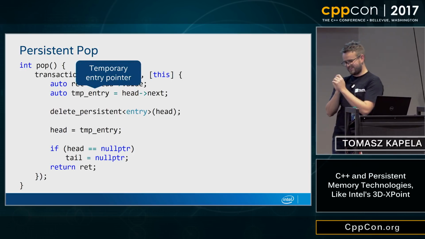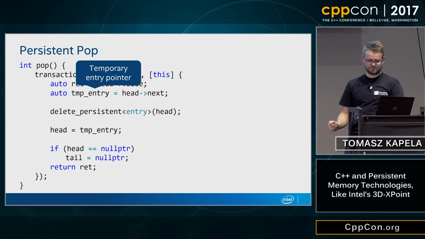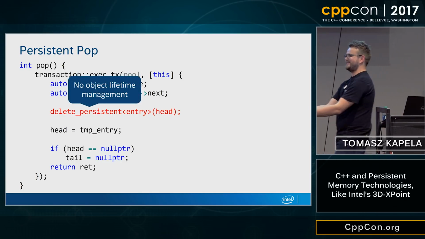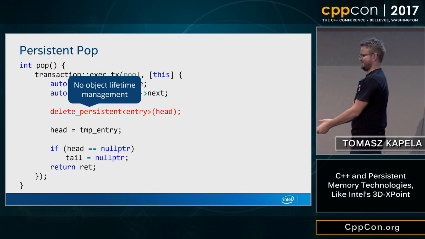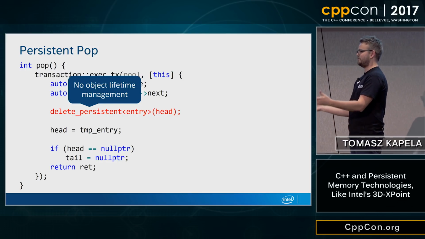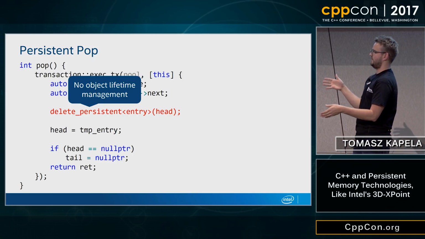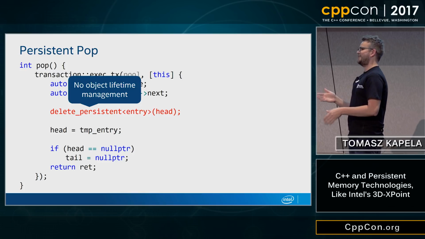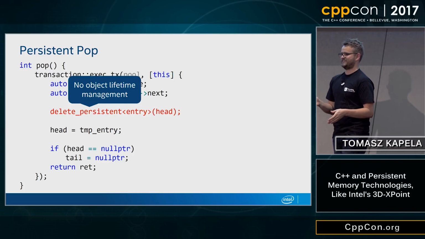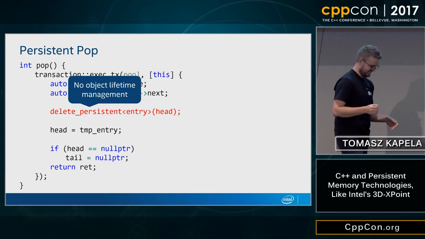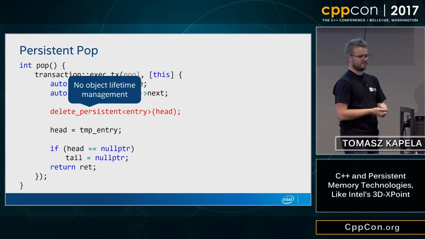We need a temporary value because of what's next to come. So you have to manually delete the object as it is right now, which is a bother because now you have to go through all your code and analyze where it is okay to remove your objects, to deallocate your objects. And it should be an anti-pattern, really.